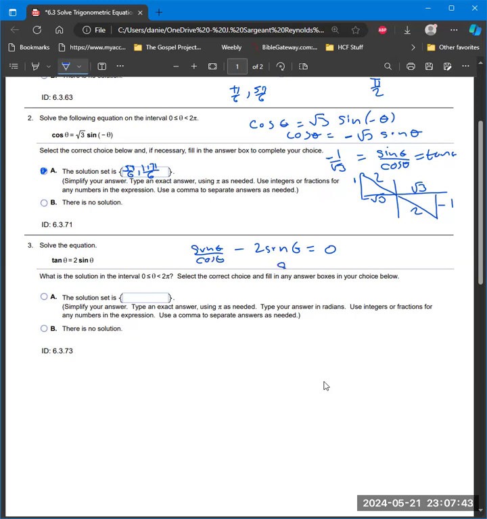We're going to factor out that sine theta. And that's going to leave me with a 1 over cosine, which is going to be secant, minus 2 equals 0. So sine theta equals 0, or secant theta minus 2 equals 0. So secant theta equals 2, which means cosine theta equals 1/2.